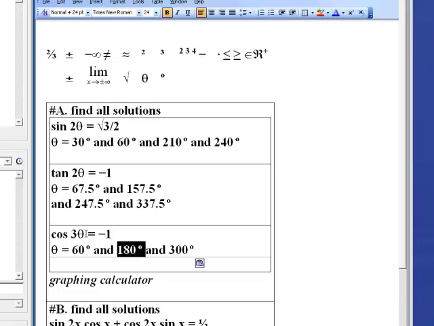For example, when you plug in 180 degrees, you have 3 times 180 is 540. Reference angle is 180. Cosine 180, of course, is -1. And when you plug in this one here, 300 degrees, cosine of 900 degrees, reference angle is 180. And again, of course, cosine 180 is -1. Let's go to the graphing calculator and check these 3 problems.